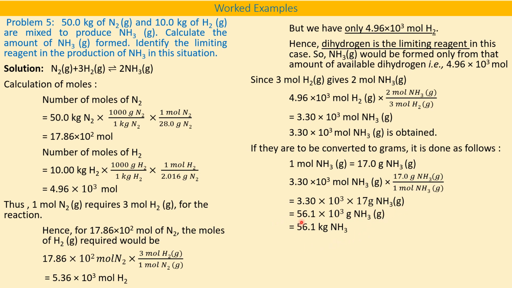Therefore, that becomes 56.1 × 10^3 grams of NH3. That is equal to 56.1 kg of NH3. Hence, we have identified the limiting reagent in the production of NH3 in this situation. Also, we have calculated the amount of NH3. Now, we will take the next problem.